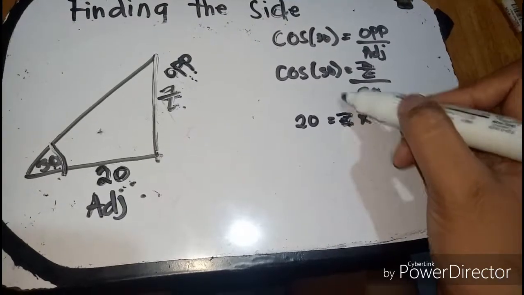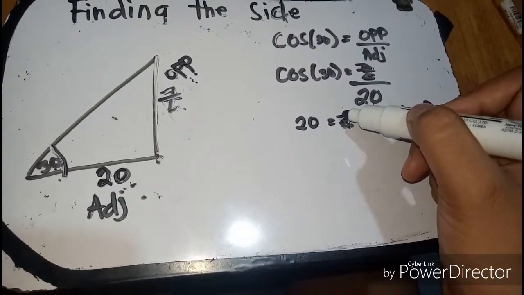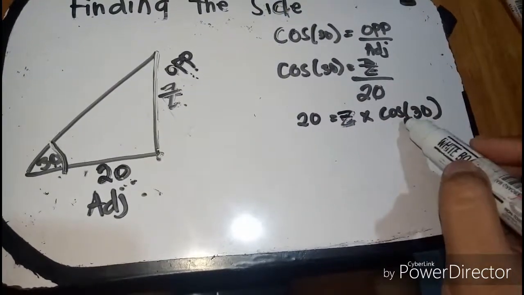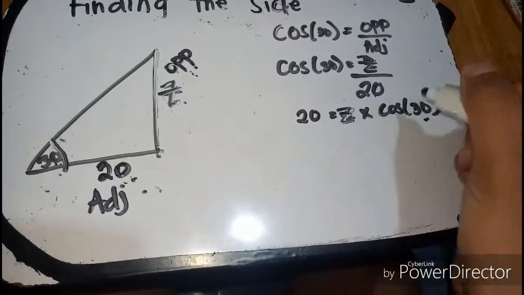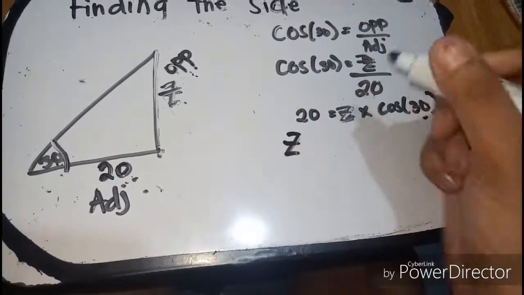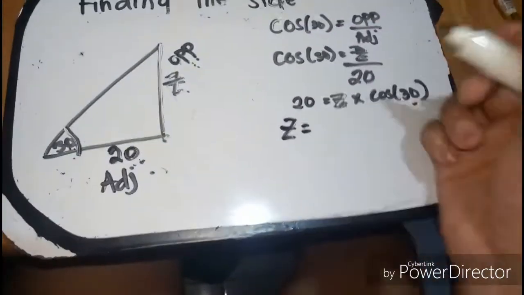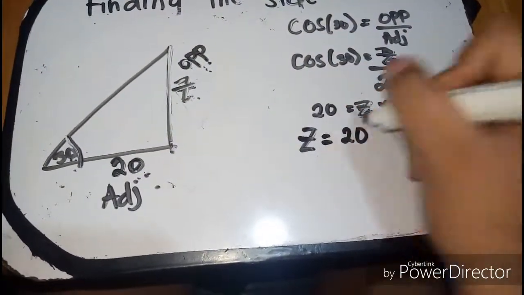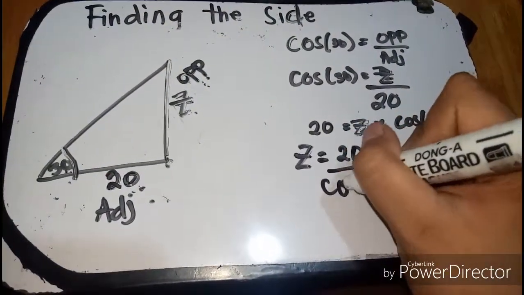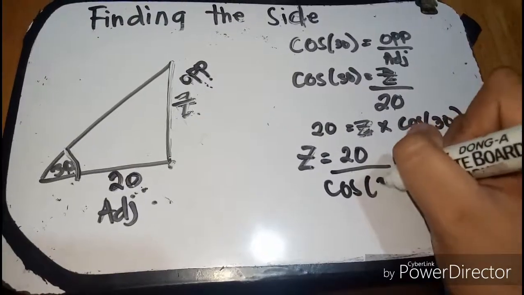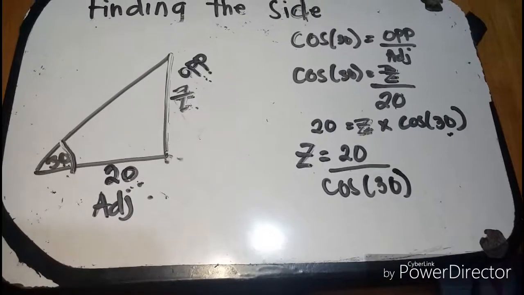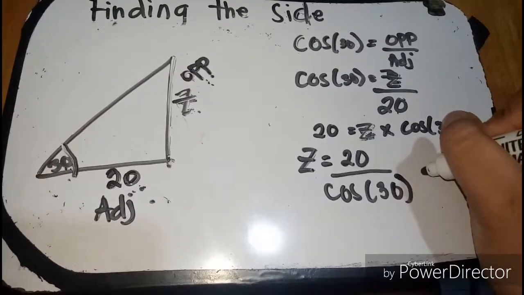We need to move it. So we're going to arrange the formula again. So z equals 20 over cos of angle 30.